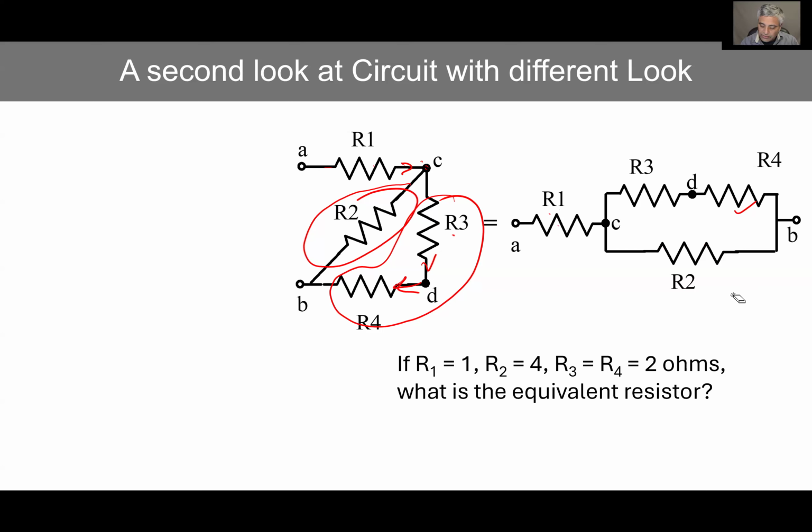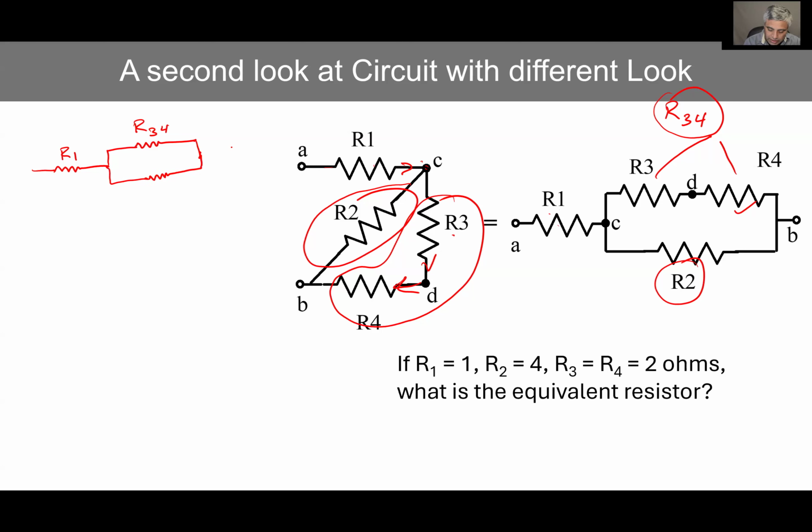So how do we reduce them? Here, these are in series, so it's going to be easy to combine them, R34, for example. Then R34 and R2 are in parallel. If I were to redraw that circuit, R1 is there, and then R34 is over there, and then R2 is over there.